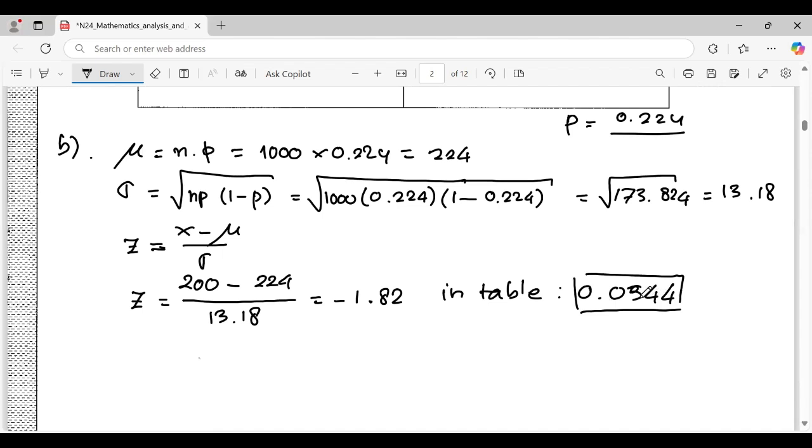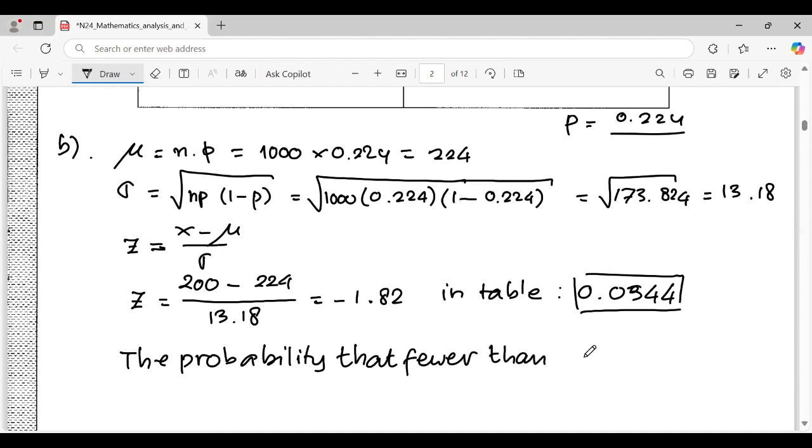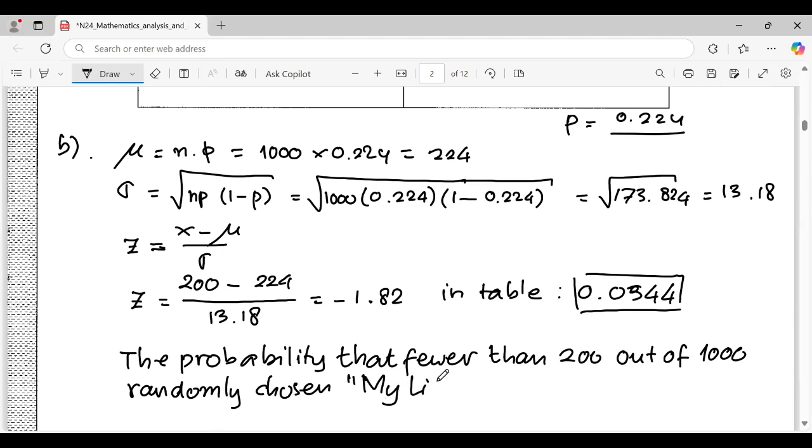It means the probability that fewer than 200 out of 1,000 randomly chosen My Life platform users are aged 45 or older is 0.0344.